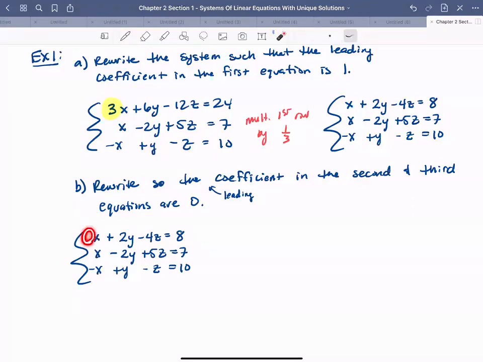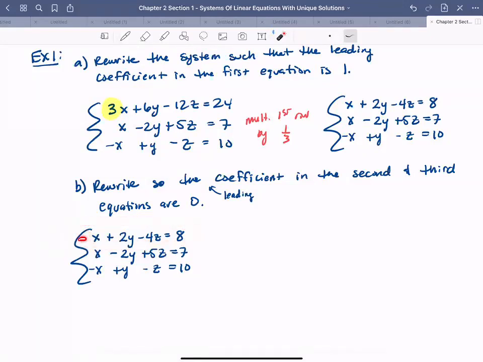So right here, if we take this 1 and we want to make this 1 a 0, I don't really need to multiply this 1 by anything because it's already 1. I want these to be opposites. Right now they're the same. By opposite, I mean the same absolute value, both being 1, but one negative and one positive. So I'm going to multiply this entire equation by -1.